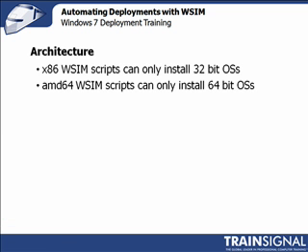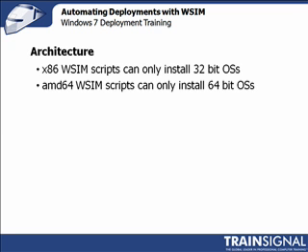The architecture of your answer file is critical to the WIM file of your operating system. 32-bit WSIM scripts can only deploy 32-bit operating systems, and 64-bit WSIM scripts can only deploy 64-bit operating systems.